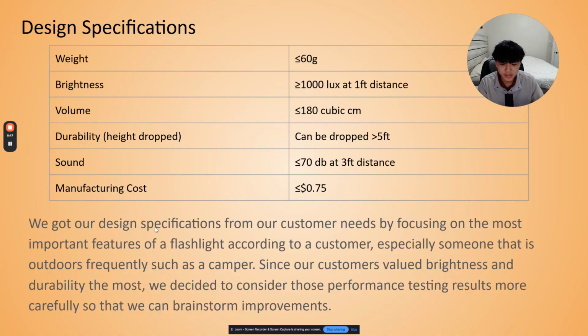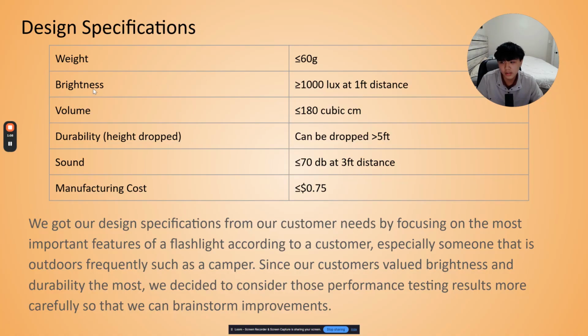We got our design specifications from our customer needs by focusing on the most important features of a flashlight, according to a customer, especially someone that is outdoors frequently, such as a camper. Since our customers value brightness and durability the most, we decided to consider those performance testing results more carefully so we can brainstorm improvements.